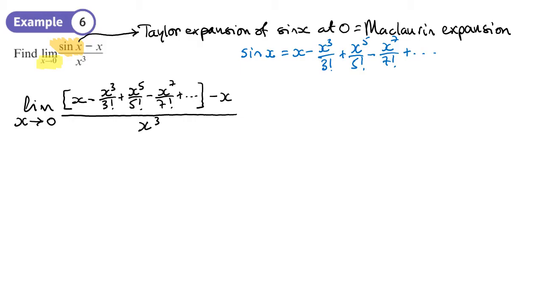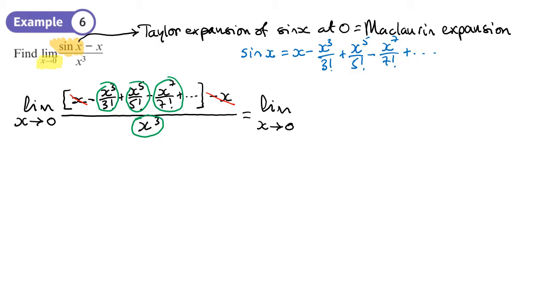So what we're going to do now is just use some algebra to simplify this. So you'll notice that we've got x minus x, they're going to cancel out. And then we can divide every term by x cubed, can't we? We can divide all of these, divide that by x cubed, divide that by x cubed, divide this by x cubed, and so on.